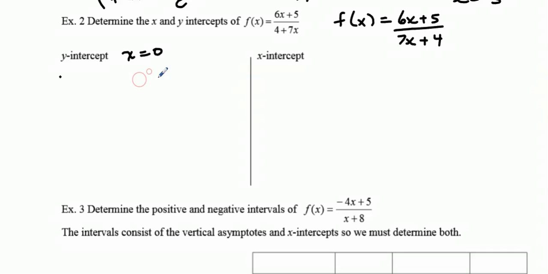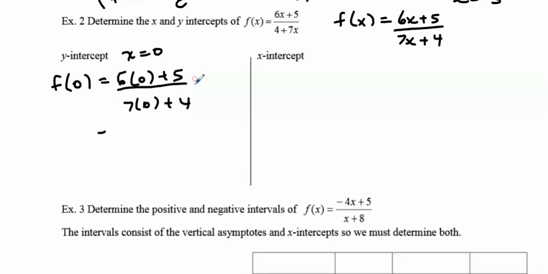So we're going to have f of 0 equals 6 times 0 plus 5 over 7 times 0 plus 4, which is equal to 0 plus 5 over 0 plus 4, which is equal to 5 over 4.